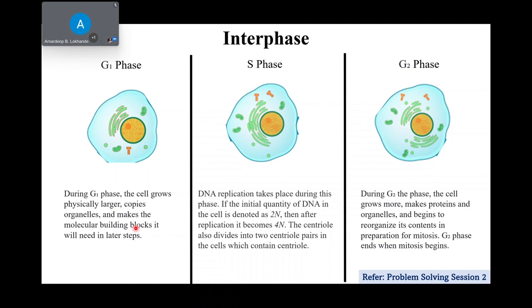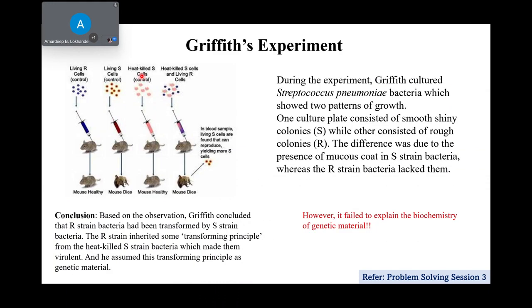The mouse lives. And the last thing he did was that he put the heat-killed cells together with the living R cells. Heat-killed cells, mice were living. Living R cells, mice were also living. So ideally the mouse should have been alive. But when you do that, you see that the mouse dies. So somehow the cells got back to their virulent stage and could now exert their influence.